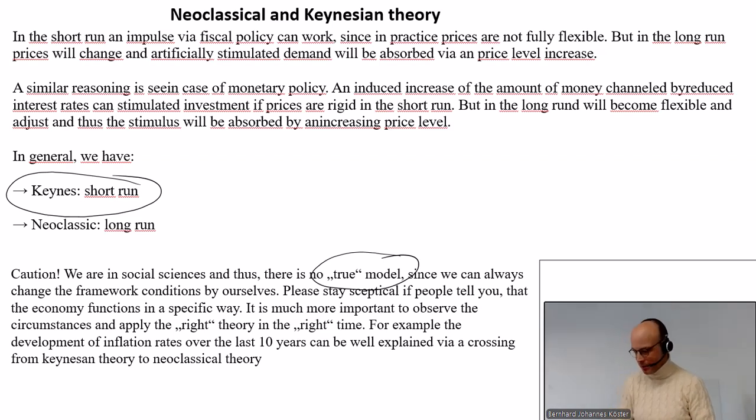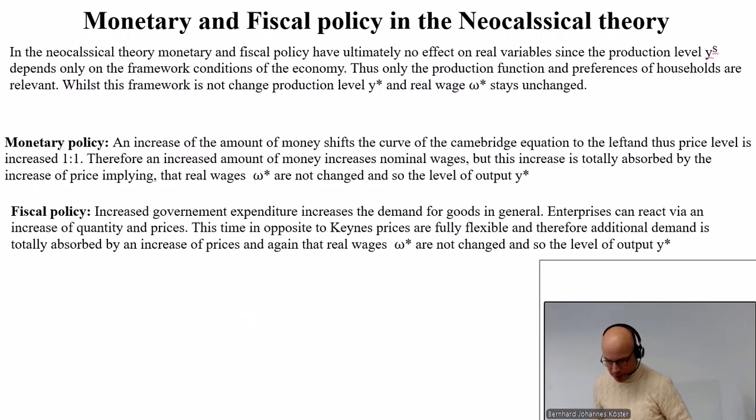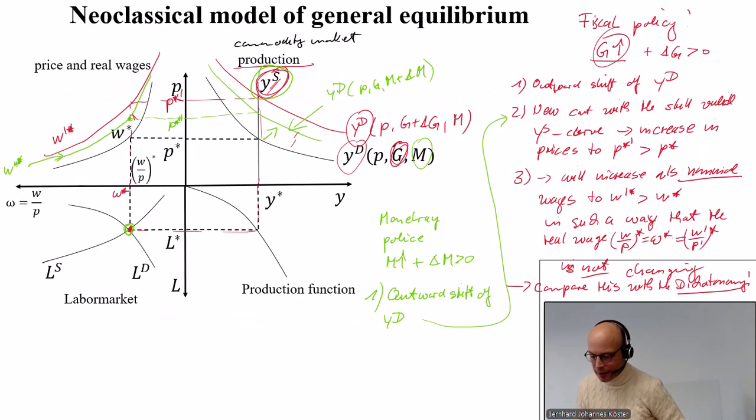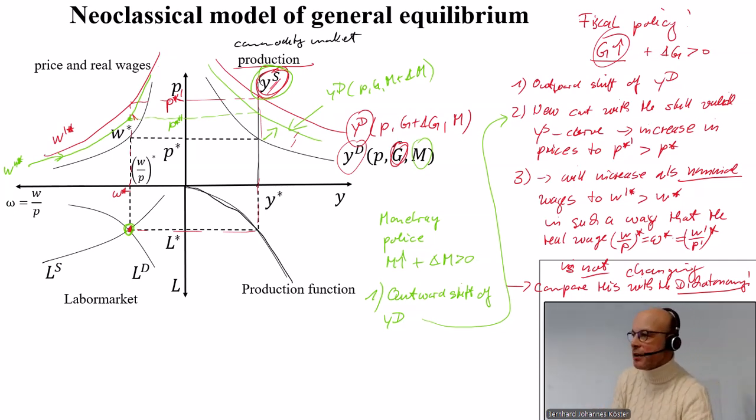Because then the argumentation would be that maybe already in 2, 3 years something changes with this production function, that this somehow bends outward.